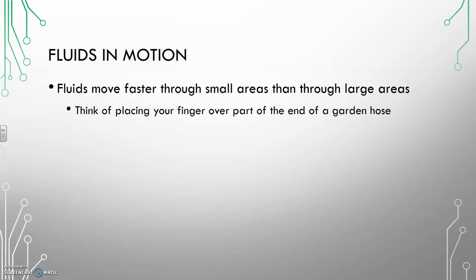Think also of placing your finger over part of the end of a garden hose. You decrease the area, but the same amount of fluid has to come out in the same amount of time, because there is still fluid backed up throughout the rest of the garden hose.